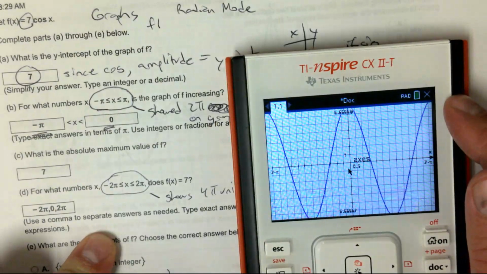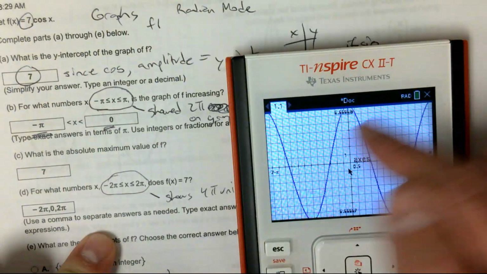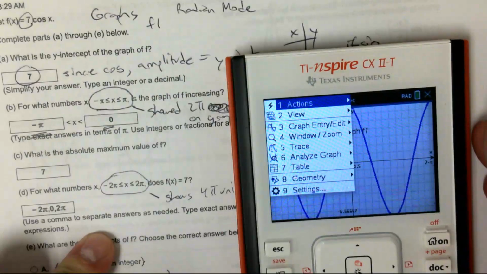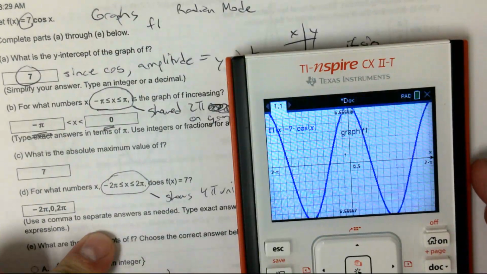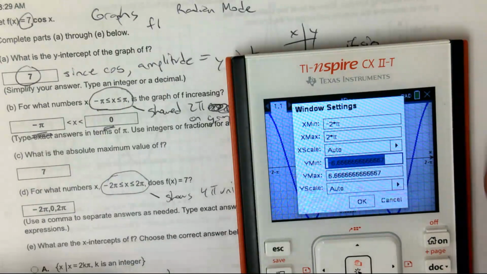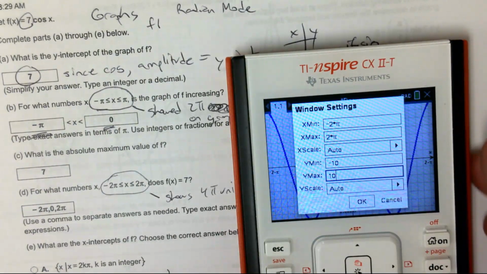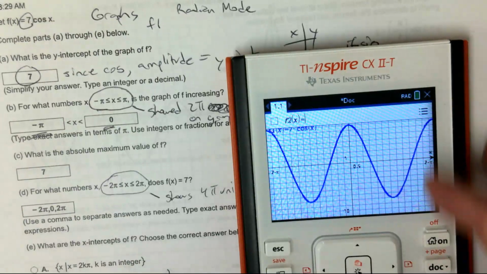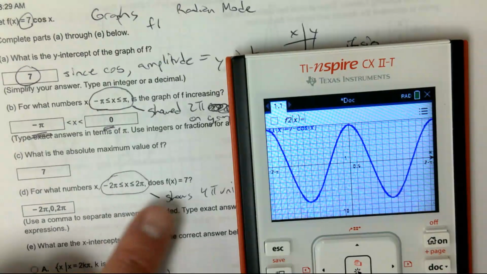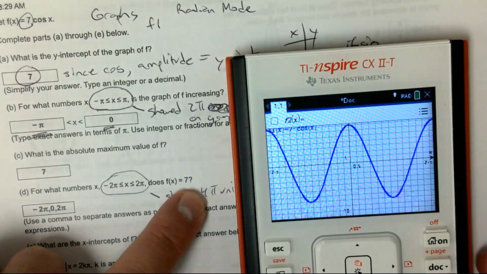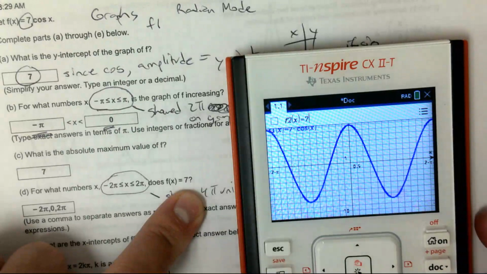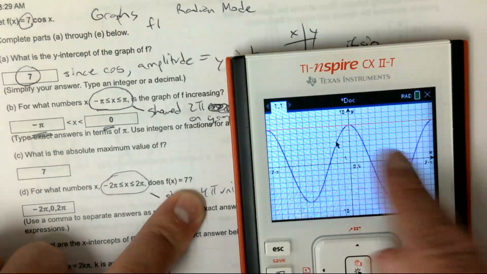Now, on some problems, it may not be as obvious as this. And so if you want to make your y parts like negative 10 to 10, then it could look like that. And if you put y equals 7 like this, then you can do your intersection.